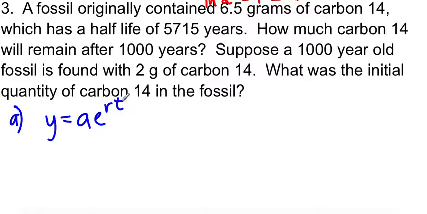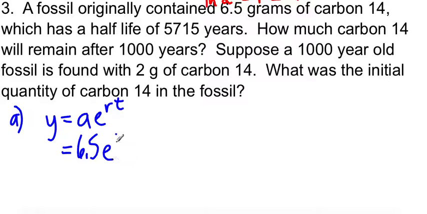Originally we had 6.5 grams, so that's our initial amount. We do not know R, so we can't plug in 1,000 for our time and solve anything until we know R, our rate. But we can find our rate.